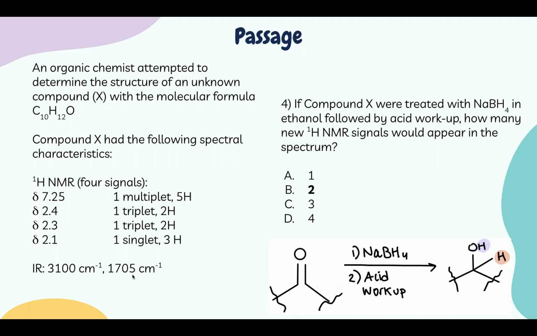This tells you that there's a ketone group. Using this as a hint that the structure contains a ketone group, you would pay attention to that. And once you treat it with the NaBH4 and the acid workup, it would be converted to the alcohol group.